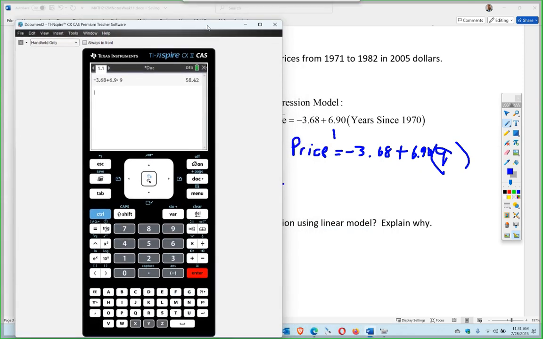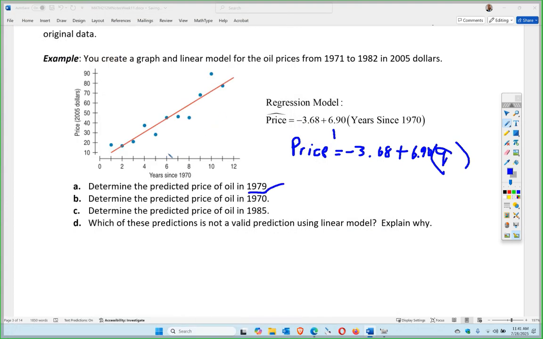So $58.42. That's approximate, because that's the predicted value. So we'll go out to 9, and 58 point something is probably right there. It'll be on the line.